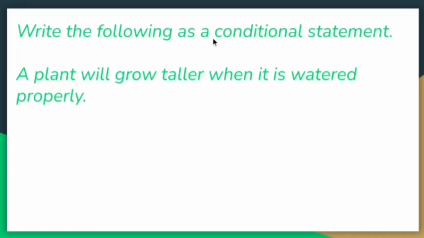Write the following as a conditional statement. A conditional statement is in this form, if P, then Q, which means if some type of hypothesis happens, then the conclusion. So if one thing, then the other. A plant will grow taller when it is watered properly. We have to be careful here because we're not going to say if a plant will grow taller, then it is watered properly.